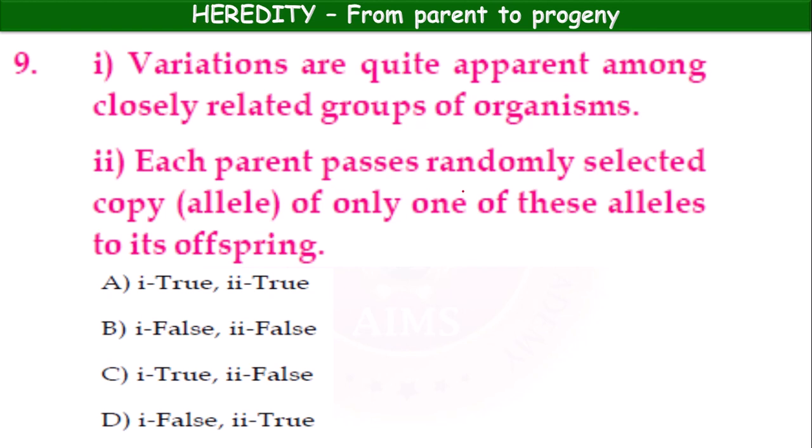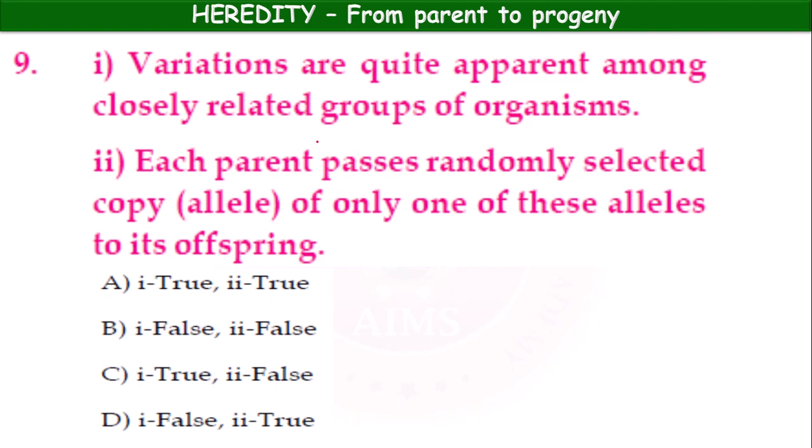The variations are quite apparent among closely related groups of organisms. Each parent passes a randomly selected copy, that is allele, of only one of these alleles to its offsprings. So, you have to find out whether these two statements are true or false. Okay. This type of questions you have to read and understand and recall the concept which you have learnt.